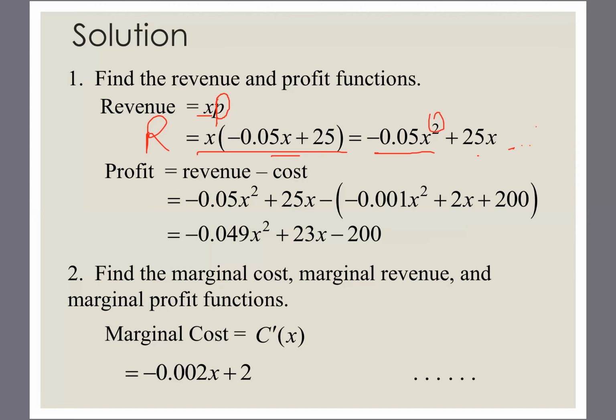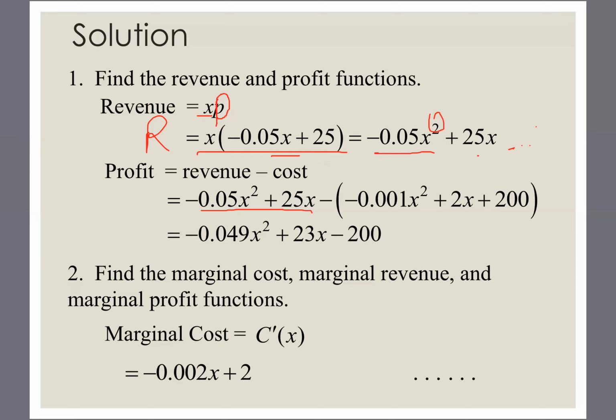And now we can find the profit function, because we know the revenue function and also we have the cost function. Deducting the cost function from the revenue function gives the profit function. So here I can write the revenue function as minus 0.05x squared plus 25x. We derived the revenue function from the demand function, and then we need to subtract the cost function.